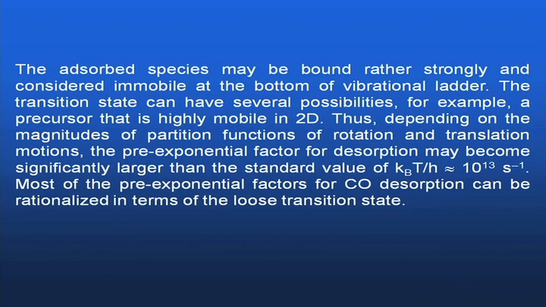Depending on whether it is highly mobile or less mobile, whether the magnitudes of the partition functions, that is rotation and translation, are very high or low, the pre-exponential factor for desorption may become significantly high. Pre-exponential factor significantly high means there is a high probability of desorption rate, that is, it will contribute considerably.